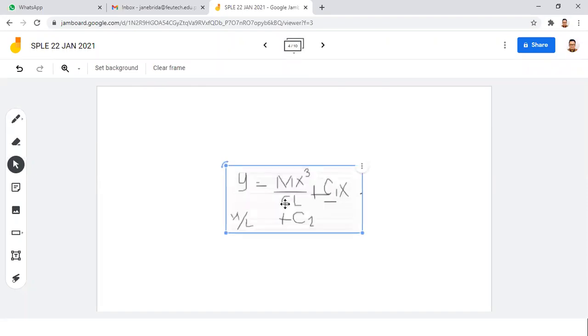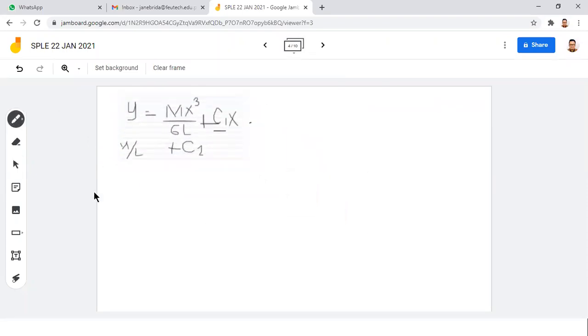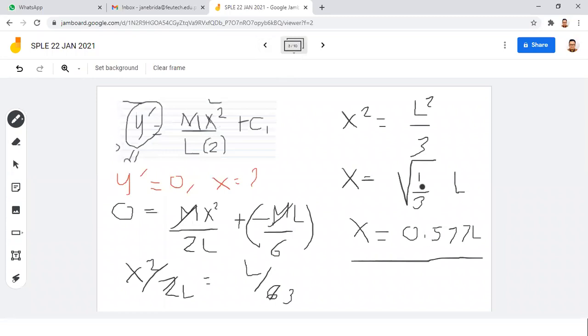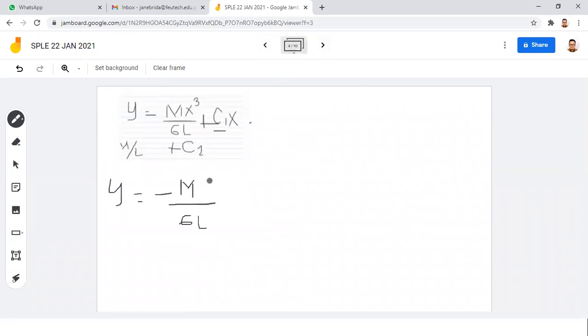So let's substitute now the deflection formula. What is now y? So y is equal to minus M over 6L. What is x? Earlier we calculated already, it's 0.577L. This is the maximum point, the location of the maximum deflection. 0.577L cubed, and then you have plus C1.